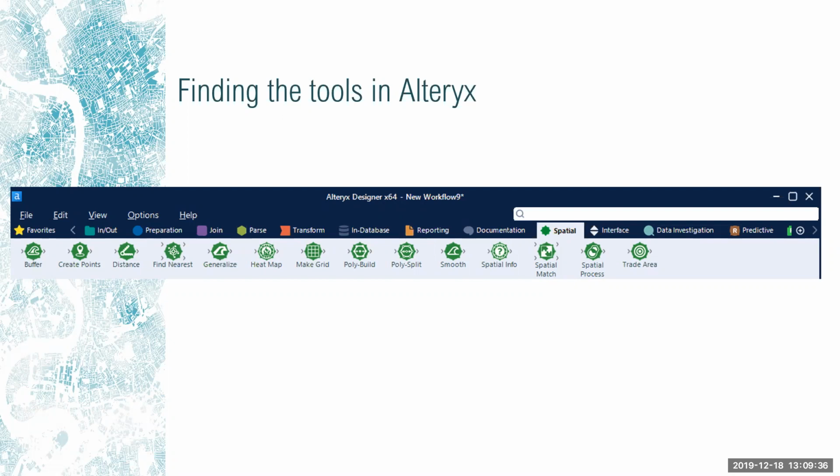So yeah, it's just the green little blob that says spatial next to it, and that's where they're all hiding. So hopefully you will have that. If not, we can add these tools by clicking the white plus sign at the far right-hand side of our toolbar. Or we can search for any of the tools we're going to need in the search bar above.